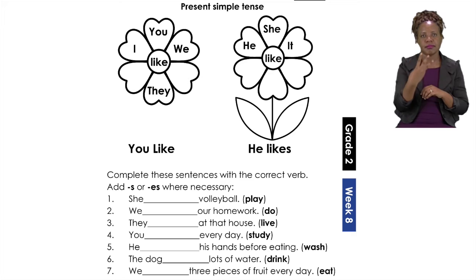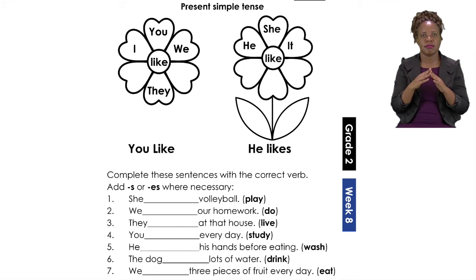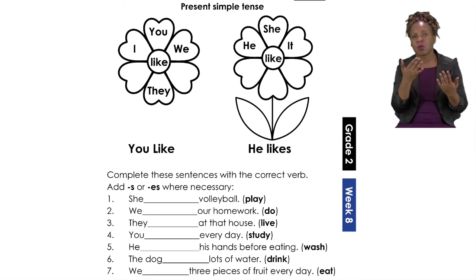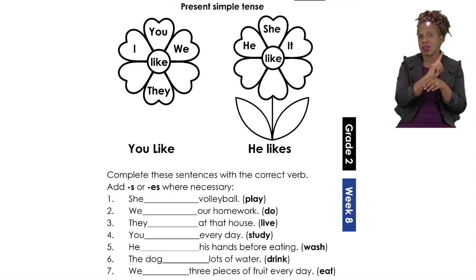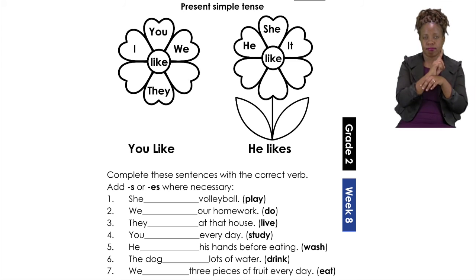Number 3 says, they dash at that house. Now let's take a look at our flowers to see where the word they is. If you can check on our flowers, we have the word they on the first flower. Now remember, we said any verbs from the first flower do not change.